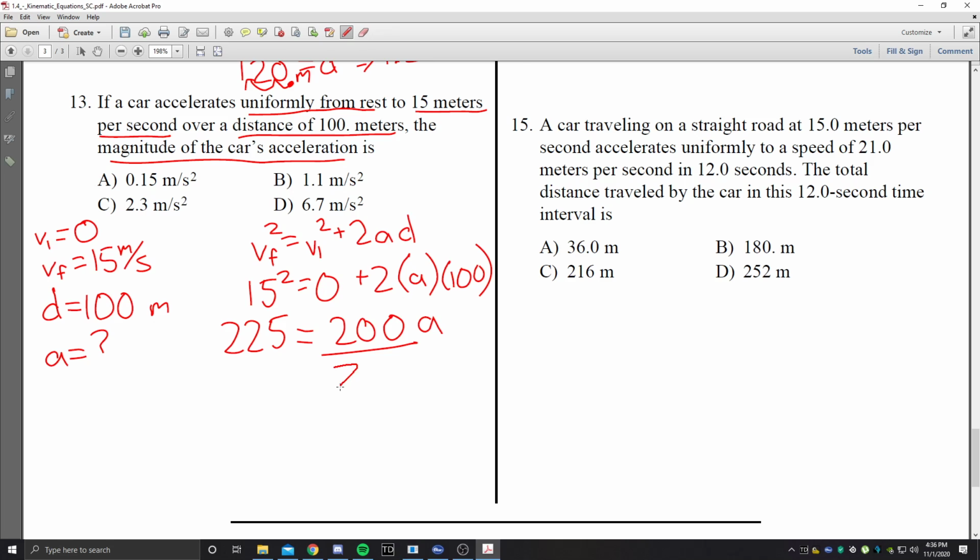Then we divide this by 200. And we should get 1.1 meters per second squared is equal to A.